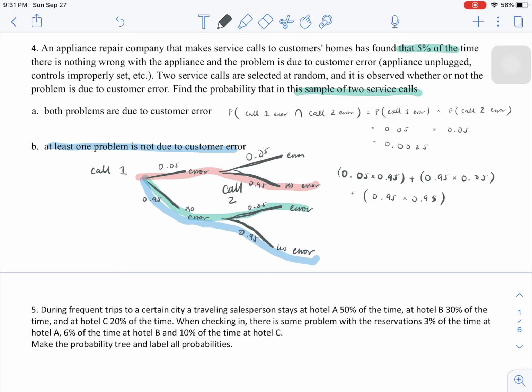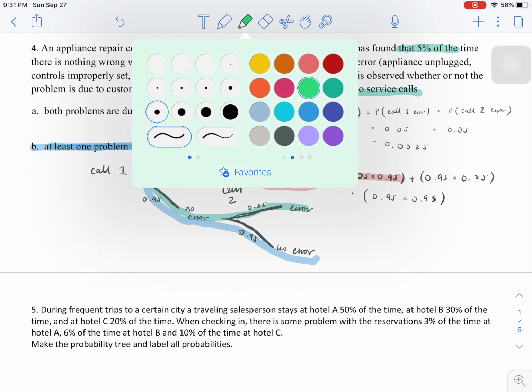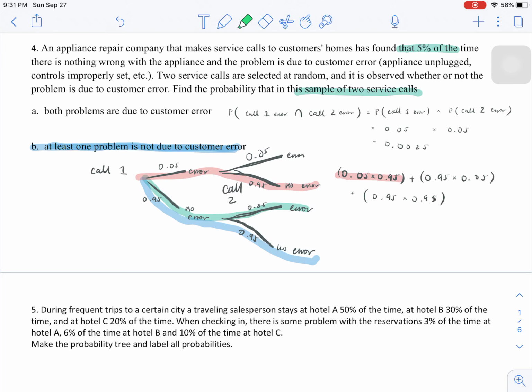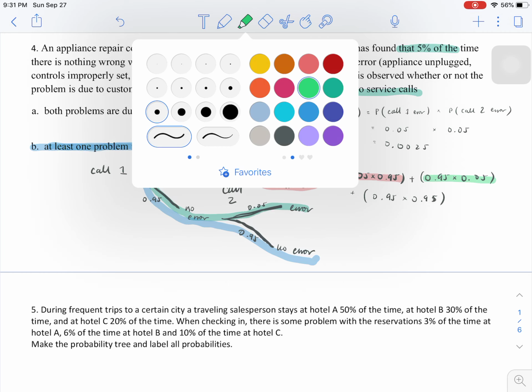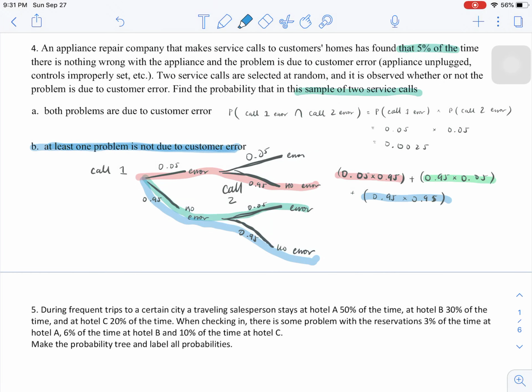So in other words, the probability that at least one problem is not due to customer error is equal to the probability that the first call was due to error and the second one was not, plus the probability where the first call was no error but the second one was, plus the probability that both calls had no error.